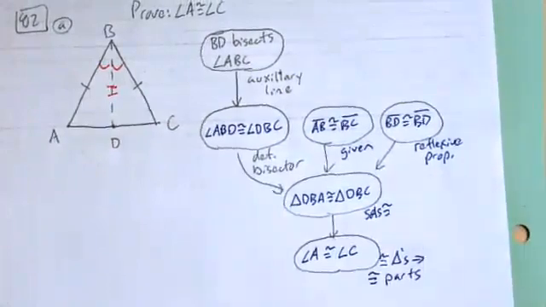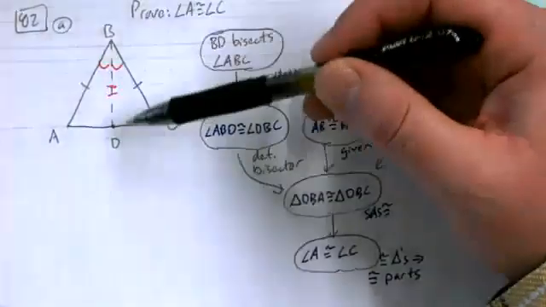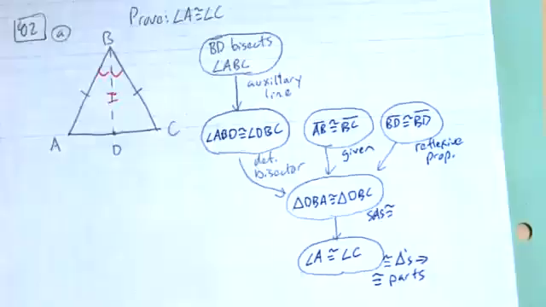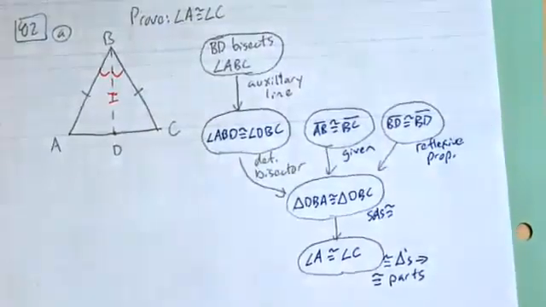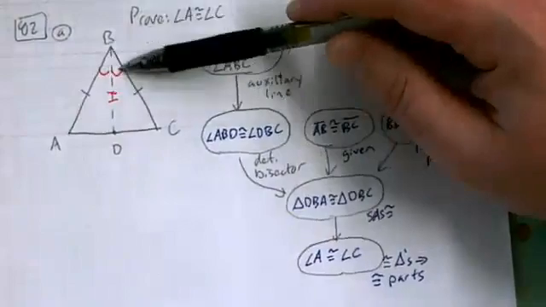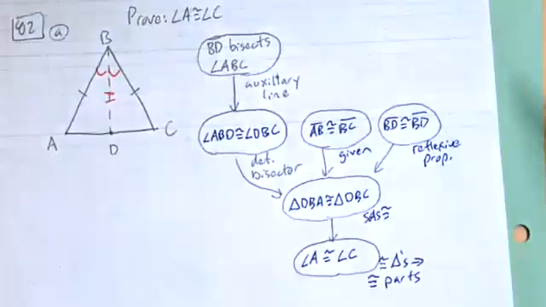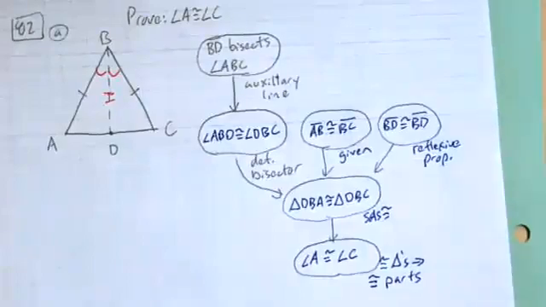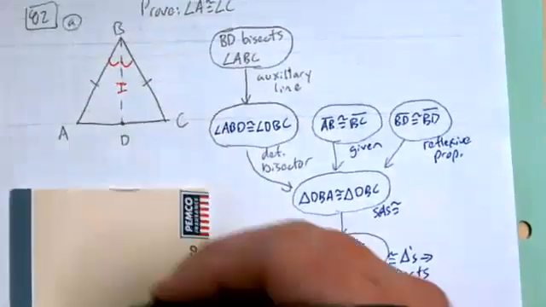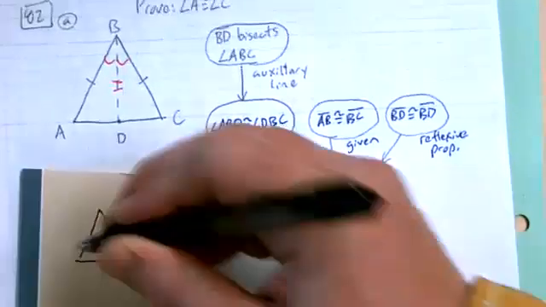Yes. Auxiliary line. So when we got this picture, it did not have this line down the center. So we drew that line in. So you're allowed to add lines into a picture. And we drew it in specifically so that it would bisect this angle up here, so it would cut it into these 2 equal pieces. What we started with was just a triangle, and our goal was to prove that these 2 angles were congruent.